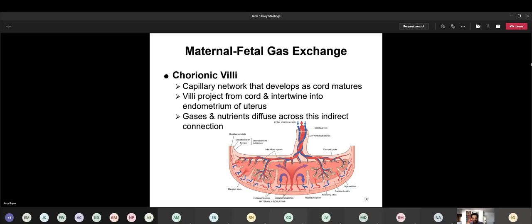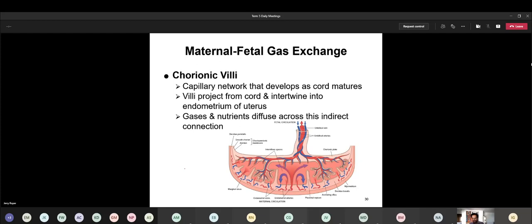So let's say that if mom had a perfect PaO2 of 100, well, the blood that's pooling inside of these intervillous spaces is only going to have a PaO2 of about 50, because there's some shunting taking place here, because the blood is leaving these spiral arteries and then going back through the venous system here. But there's still going to be some mixing, and also mom is not able to give all of her oxygen to this developing fetus, because she's going to, of course, require oxygen to survive herself.